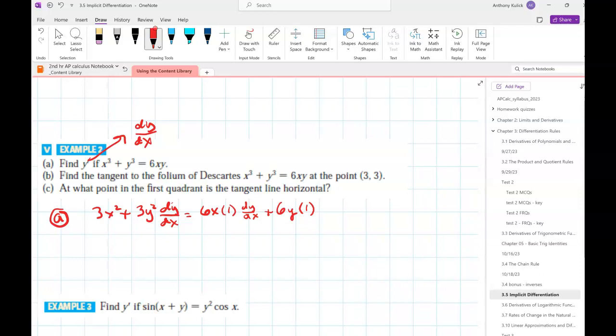Good. So funny though, I did the product rule like this: the derivative of x times y. So I did x times the derivative of y plus y times the derivative of x, and then I distributed the 6 through.